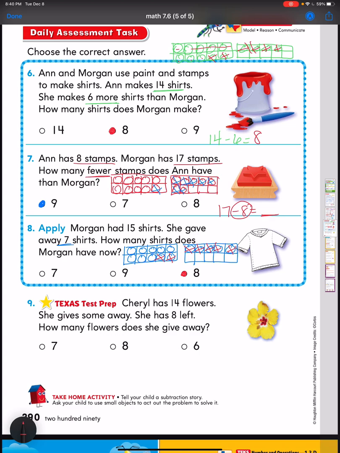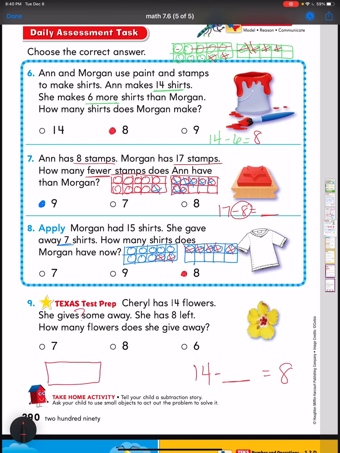Cheryl has 14 flowers. She gives them away. She has 8 left. How many flowers does she give away? So she had 14. She gave some away. Doesn't tell us how many. And she's left with 8. So we're going to find 14 minus what is going to equal 8. Okay, so we could do it like this.